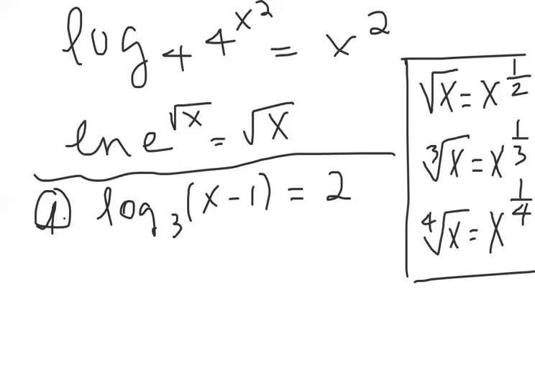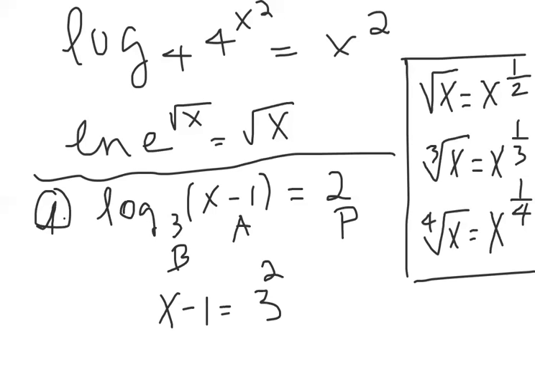So here's a log equation, guys. They want us to find the value of x that would make this problem true. Remember, this is the base. That's the answer. That's the power. So what you do is you convert it to an exponential equation. So the answer, x minus 1, is equal to the base, 3, raised to the power 2.